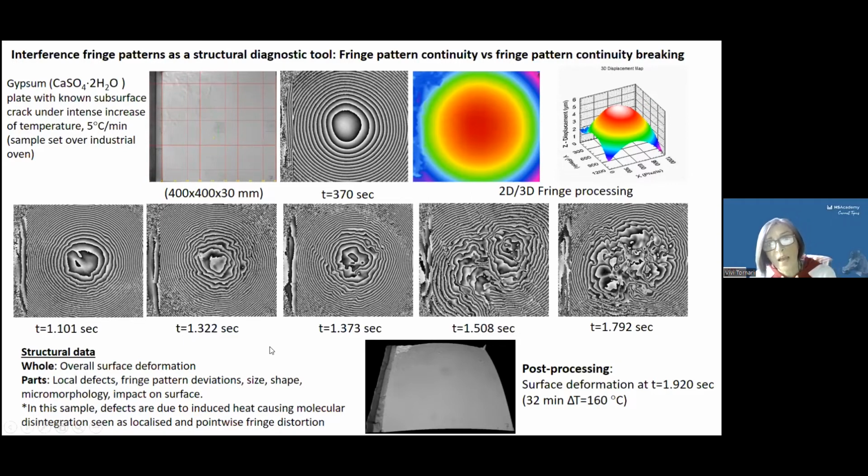This is an example for you to understand what we should expect if we have, let's say, a very fresh and defect-free artwork. But this is not the case in most of the artworks, because most of the artworks are very complicated, complex constructions, which tend to deteriorate with time, with environment.